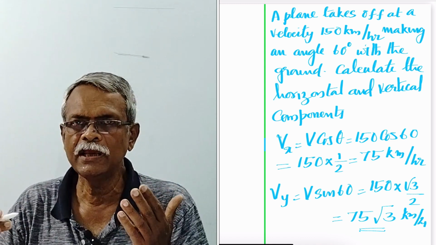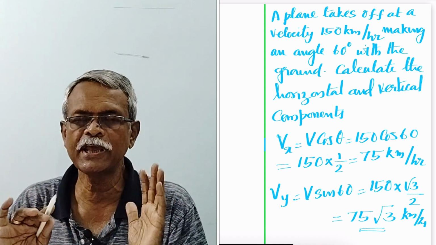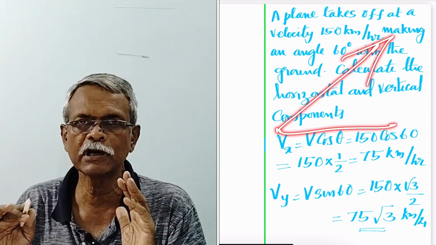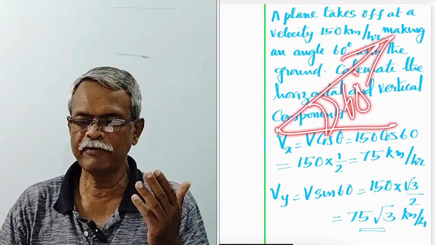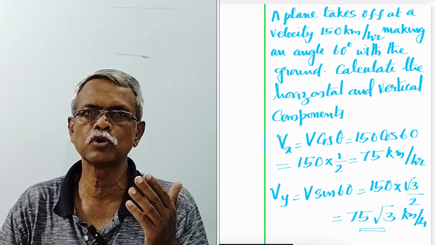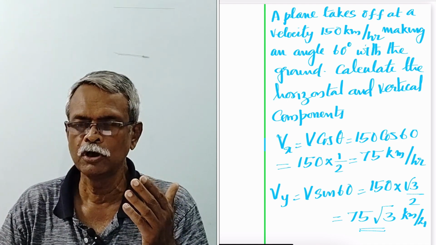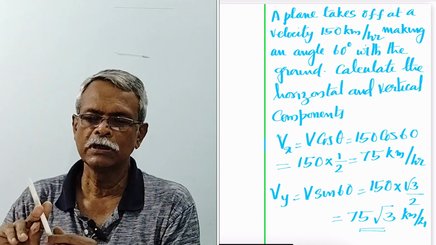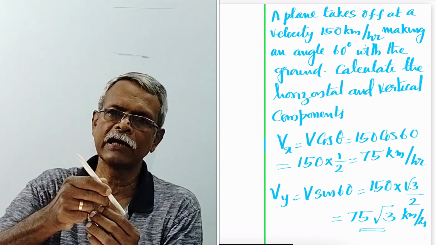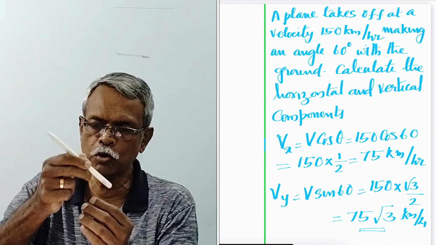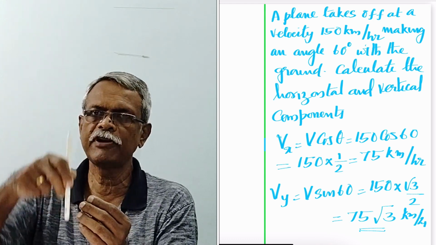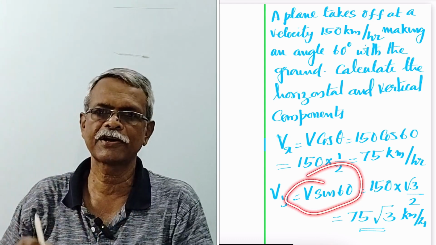Theta is 60 degree. 150 multiplied by cos 60, that is 150 multiplied by 1 by 2, that is 75 km per hour. Vy will be v sin theta, sin 60. 150 multiplied by sin 60 is root 3 by 2, so 75 root 3. Therefore, the plane which is moving at 150 km per hour, making an angle 60 degree with the horizontal, is equivalent to 75 km per hour in this direction and 75 root 3 km per hour in this direction.